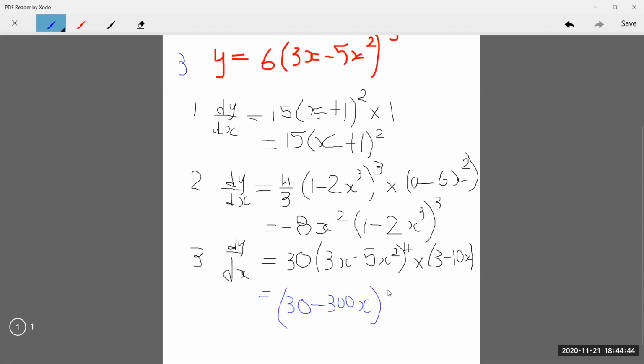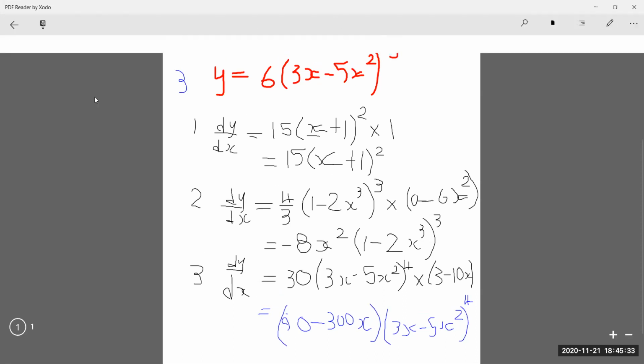And all of this is then multiplied by (3x minus 5x squared) to the fourth power. Good. Excellent.